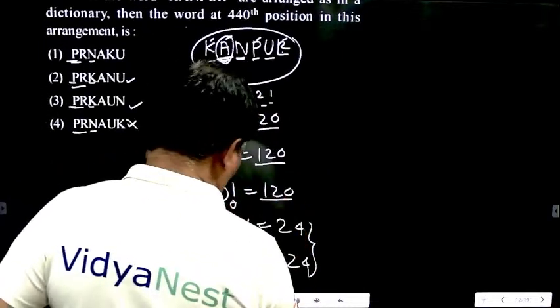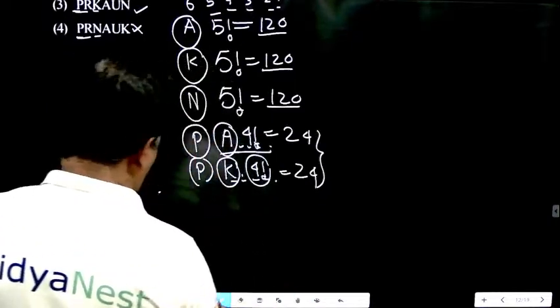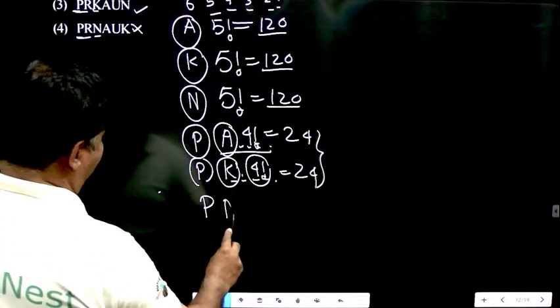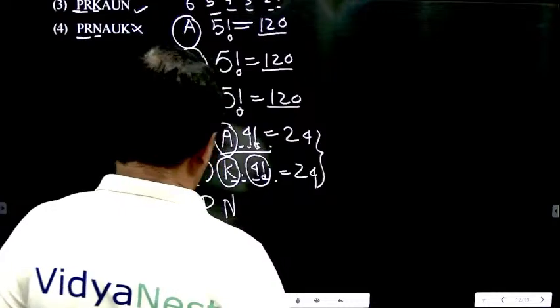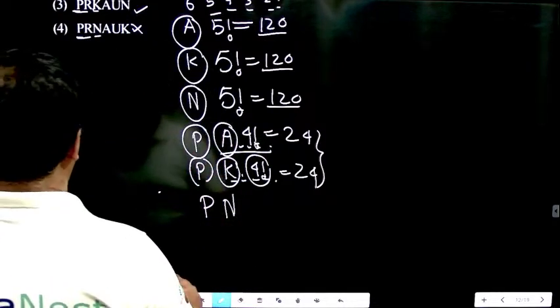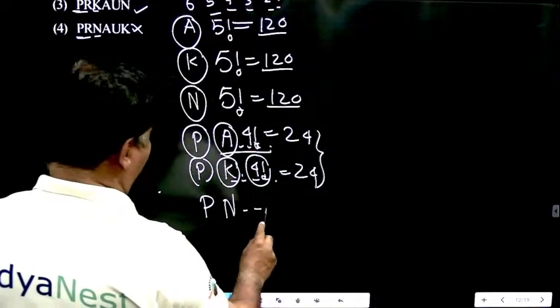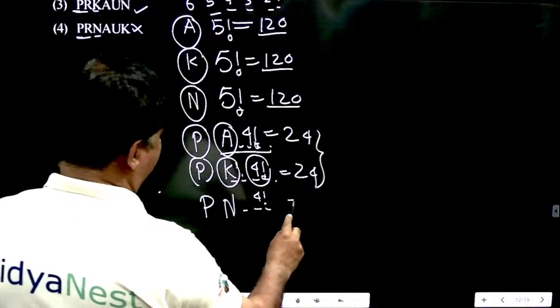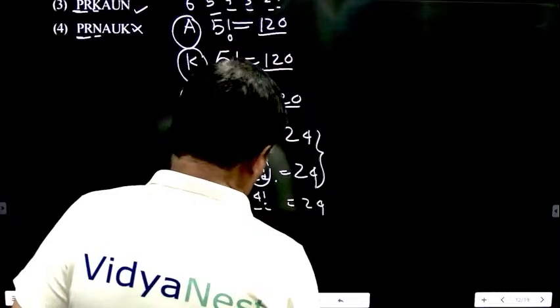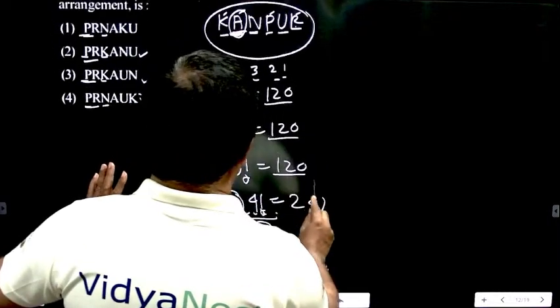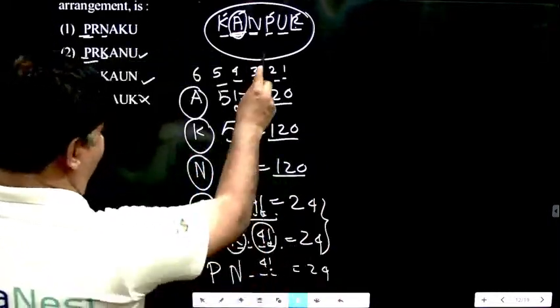Now I have to fill up this second term by N, then also factorial 4, 24. Now with N, all the arrangements are done. After N, R will come.